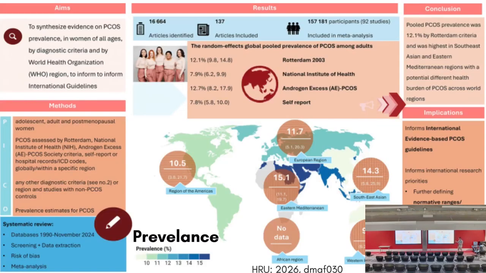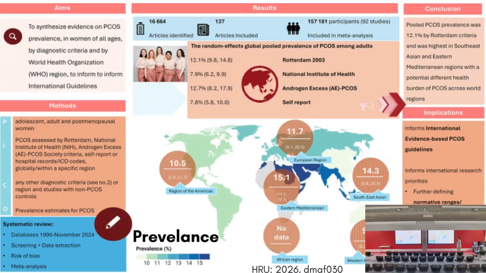There's a lack of data you can see here for Africa. But generally speaking, you can see prevalence rates, they go from 7.8%, that's the average, up to 12.1%.